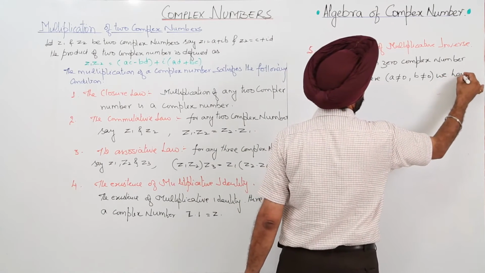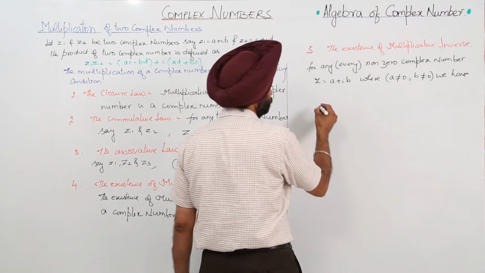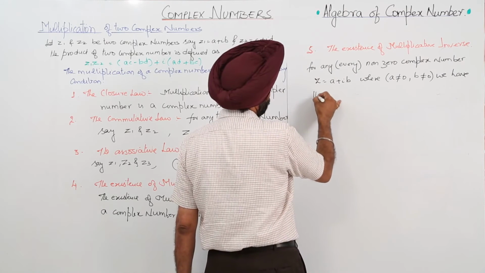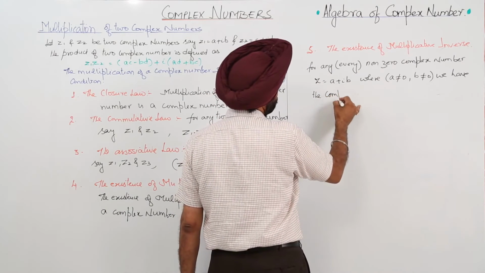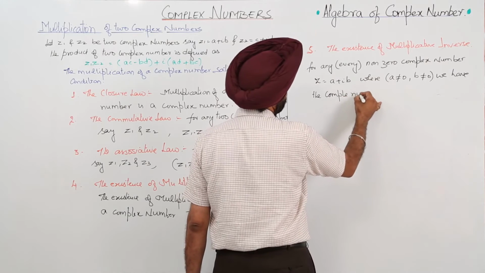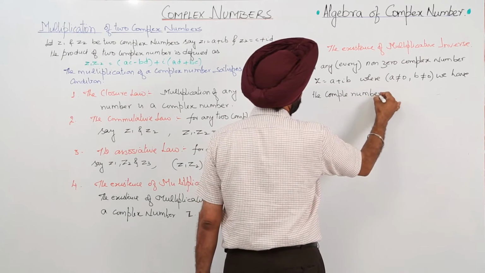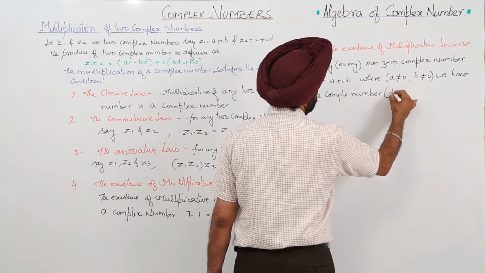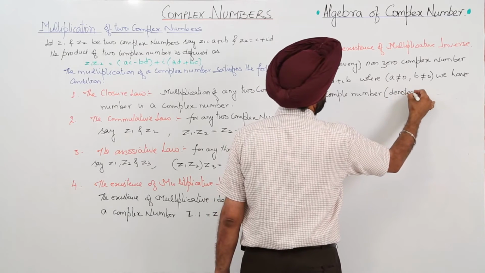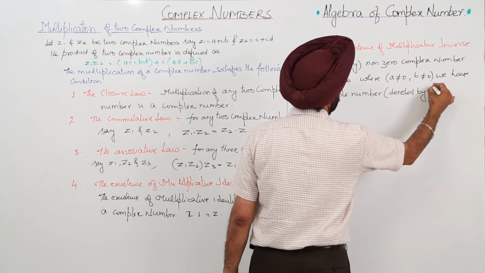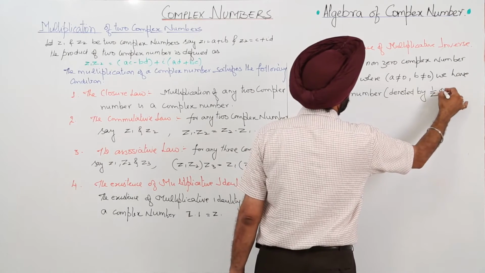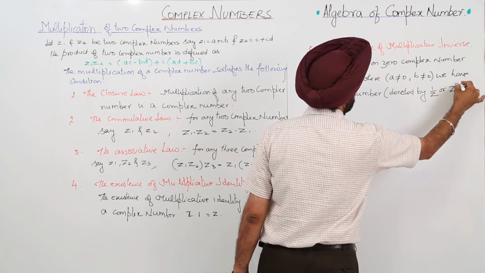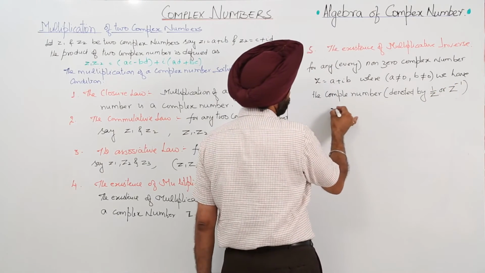For every non-zero complex number Z is equal to A plus iota B, we have the complex number denoted by 1 upon Z or Z inverse. Is it clear?